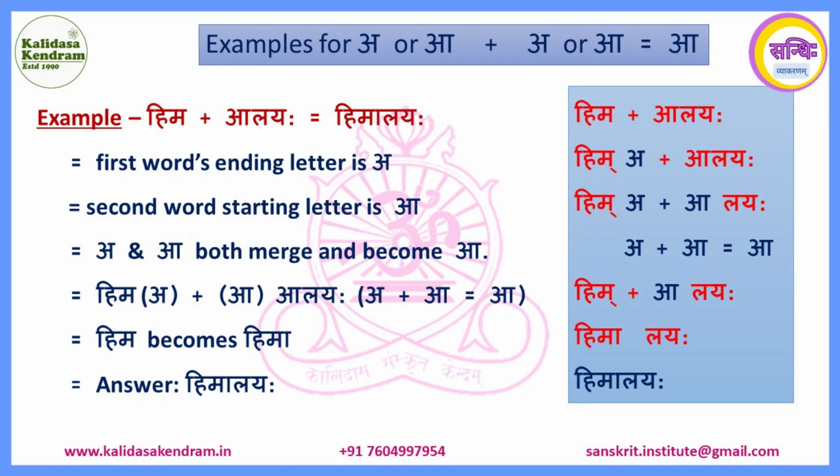The second word's starting letter is a. A and a both merge and become a single alphabet, ā. So Hima, the last letter a, plus a, the first letter of Alayaha, merge together and become ā. So Hima becomes Himā. Answer, Himalayaha. Right? Can you see how it is given in the box? Same way it's given in the box. Let's move on to the examples.